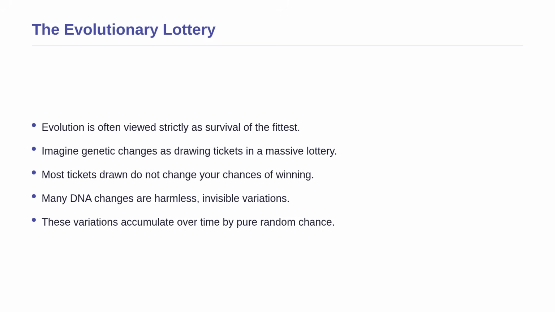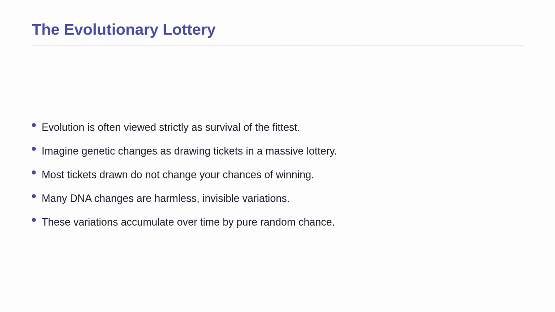Let us start by imagining a massive, ongoing lottery, where the prize is simply survival. In the traditional view of evolution, every genetic change is like a lottery ticket that either wins you a huge advantage or causes you to lose entirely. However, what if most of the tickets you draw do not change your chances of winning or losing at all?